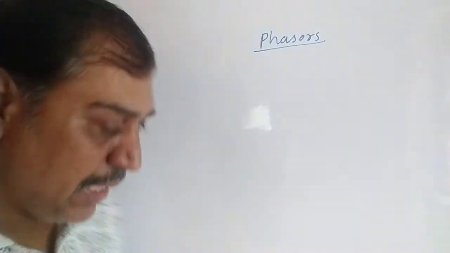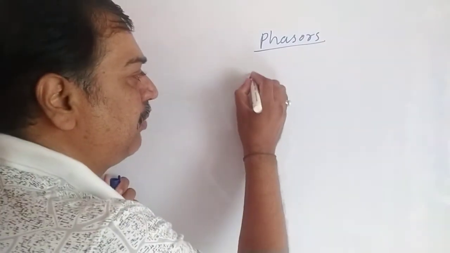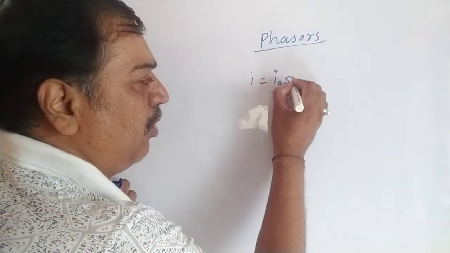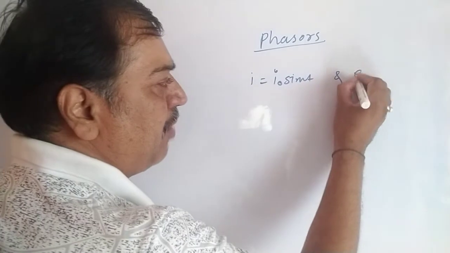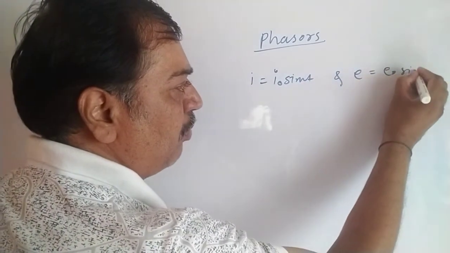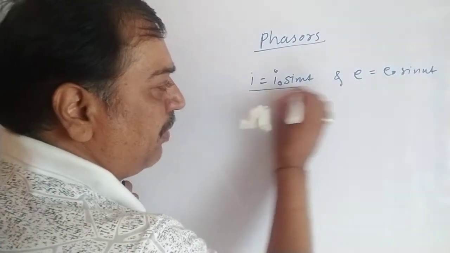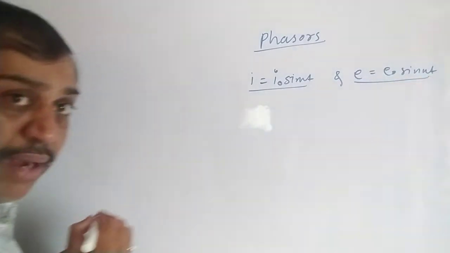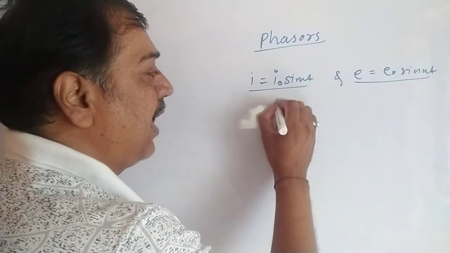For example, when we represent current by the equation I equal to I0 sine of omega t and EMF E equal to E0 sine of omega t, then you can draw the phasor diagram for this.